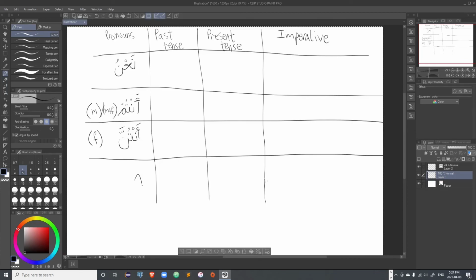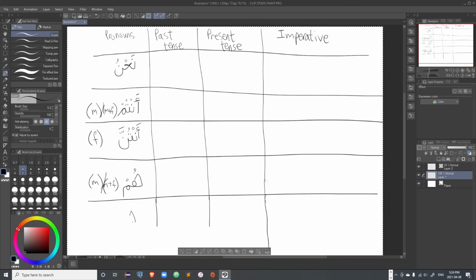Then هم, which is masculine, or it could also be masculine and feminine together in a group. And lastly, we have هن, which is for women, feminine.